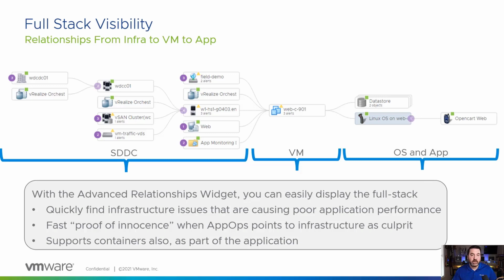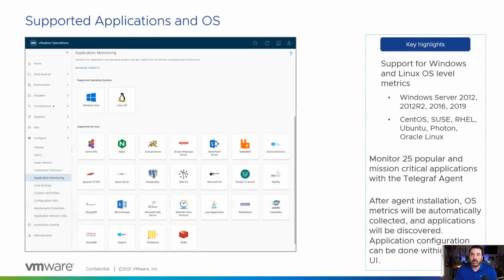And we can look across all the metrics for the application all the way through to the host or even beyond that. We can also do things like metric correlation. So if we are seeing spikes in CPU for that virtual machine, maybe we can correlate that to the specific application that is causing those spikes. So a lot of great stuff we can do with just this visibility and the relationships provided through vRealize Operations and the Telegraf agent.